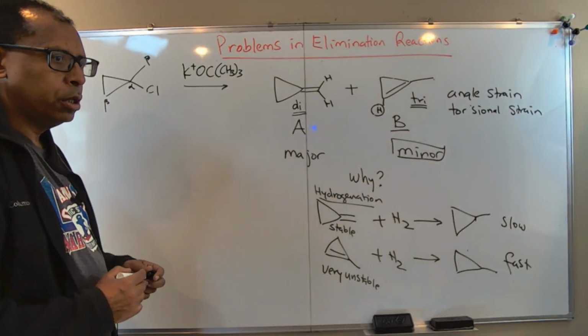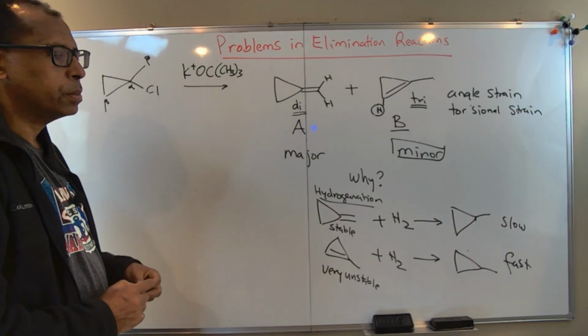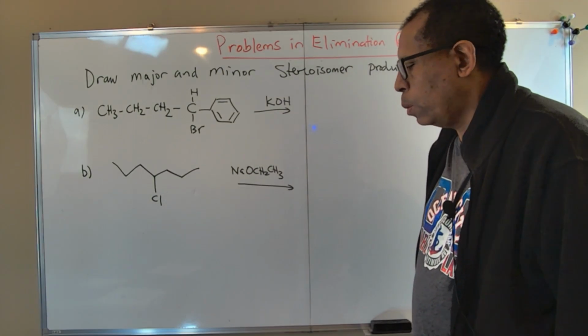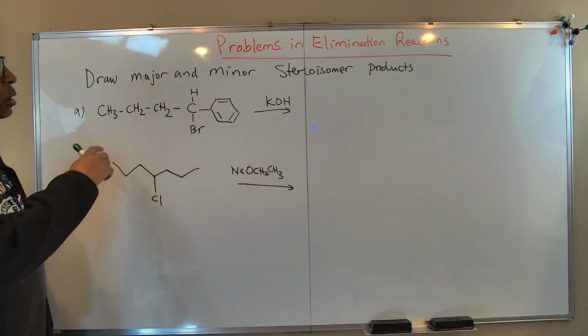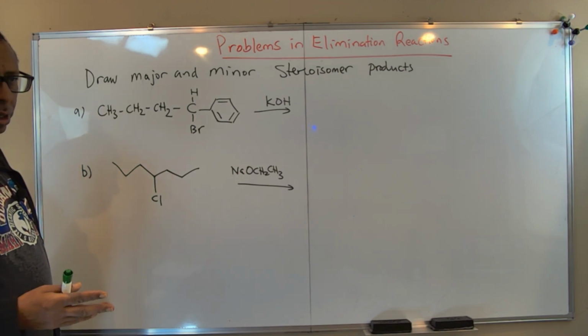Okay, we'll continue with more on alkene or elimination reactions. Okay, continuing our discussion. Here we have two problems where it's asking you to draw major and minor stereoisomer products.